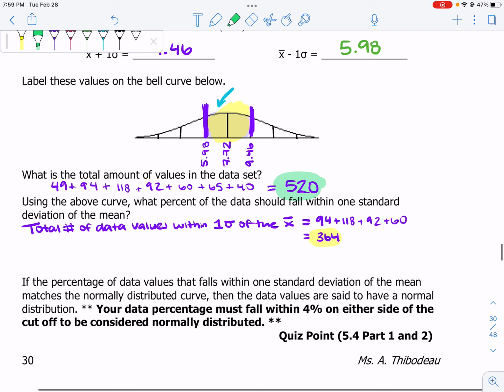So again, when we find percentages, we take that total that we've calculated, that 364, and we divide it by the total number of people surveyed, that 520.